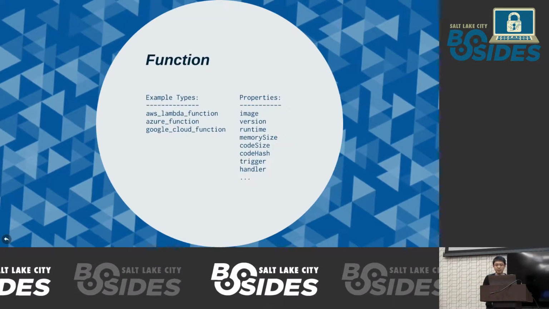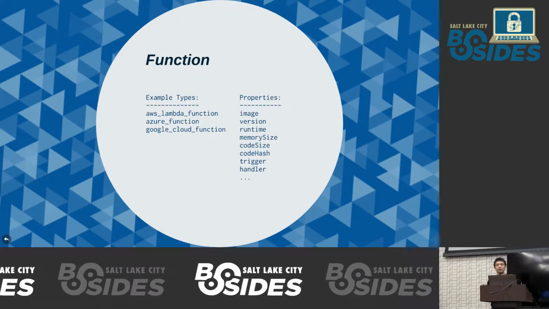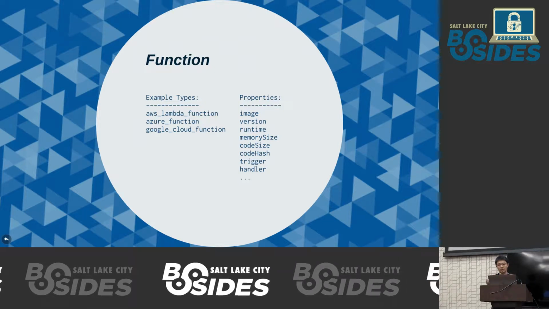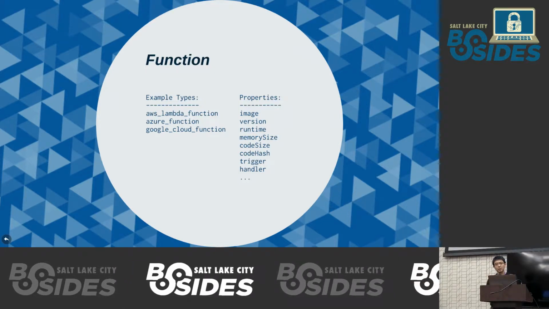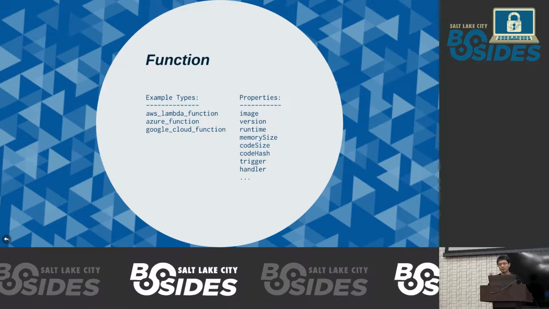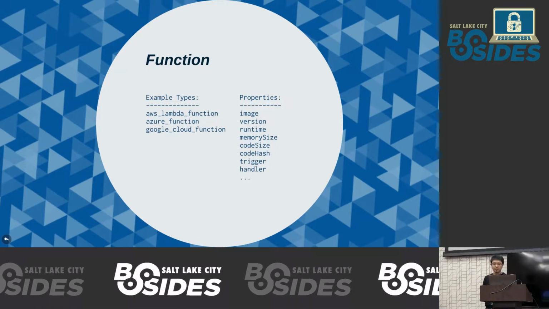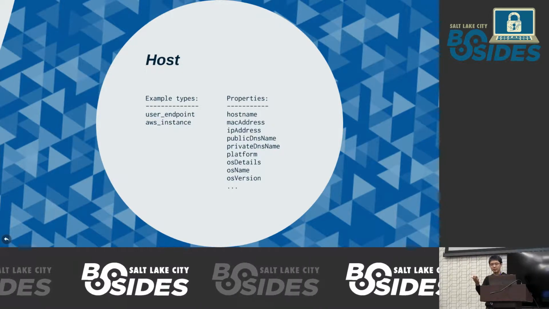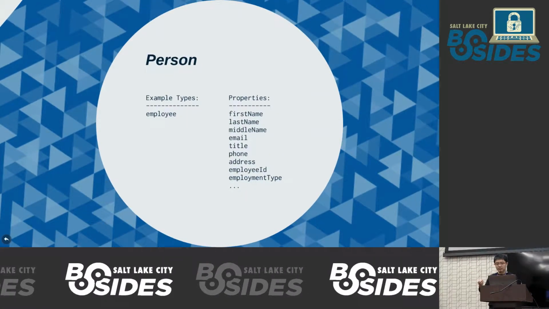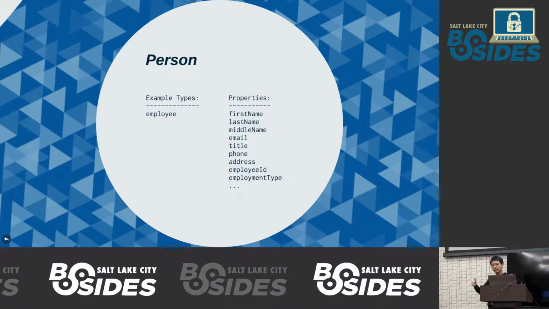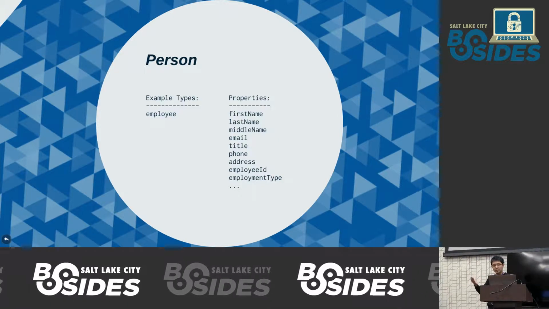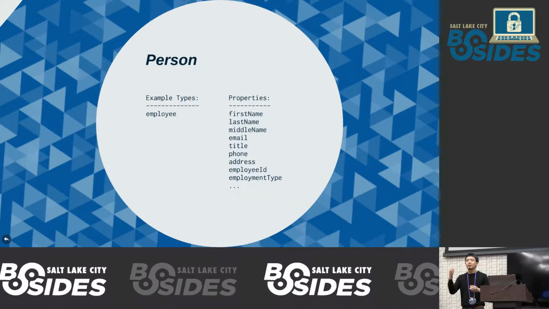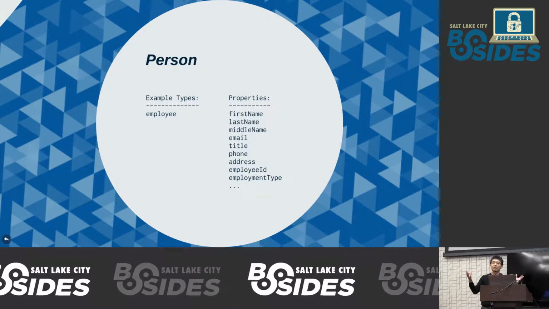And some other examples, a function, right? A serverless function can be a Lambda function, Azure, or Google Cloud function, and each one of those would have its own set of properties like image, version, runtime, and so on and so forth. A couple other examples like host, right? These are pretty self-explanatory, and a person has the first name, last name, email, address, title, and those types of things associated.